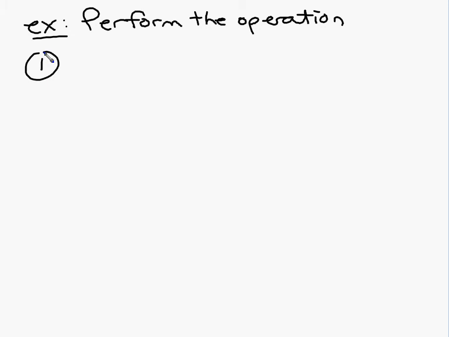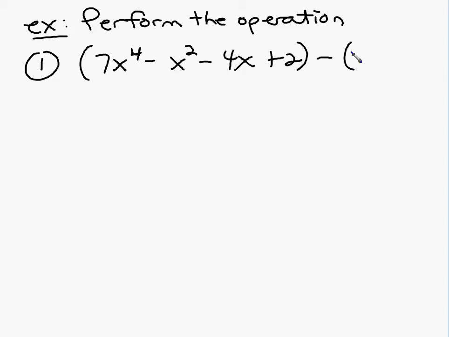Something like this. 7x to the 4th minus x squared minus 4x plus 2. That's the first polynomial. That should be a 4 there. And then we're going to subtract the polynomial 3x to the 4th minus 4x squared plus 3x.